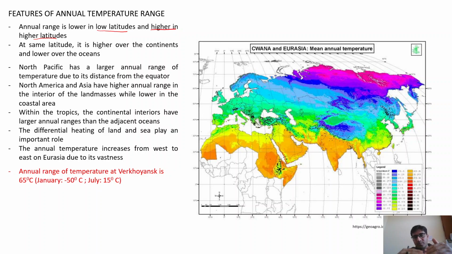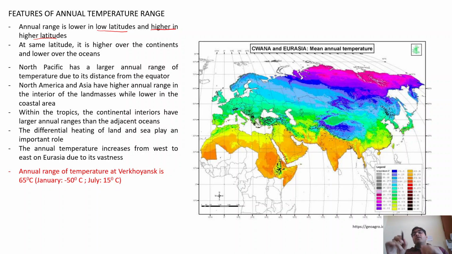So as we go from the equator towards the poles, the annual temperature range increases. So it is lower in low latitudes and higher in the higher latitudes because of the variation in the maximum and minimum temperatures. At the same latitude, the annual temperature range is higher over continents and lower over the oceans.